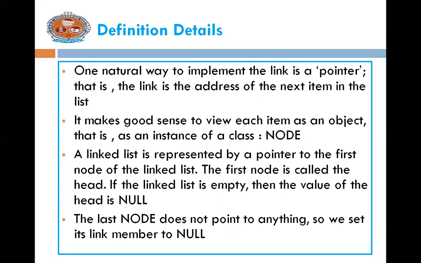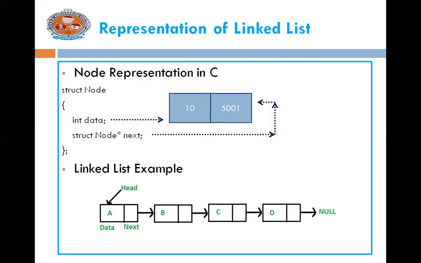The last node has no other node after it, so the last node does not point to anything. We set the link member of the last node to null. So this is the representation of a linked list.